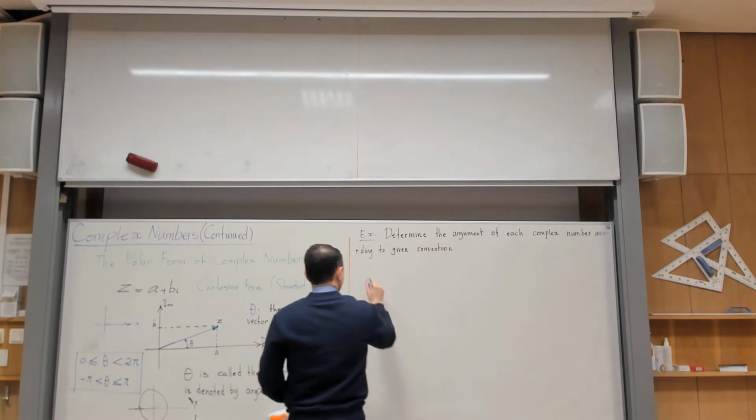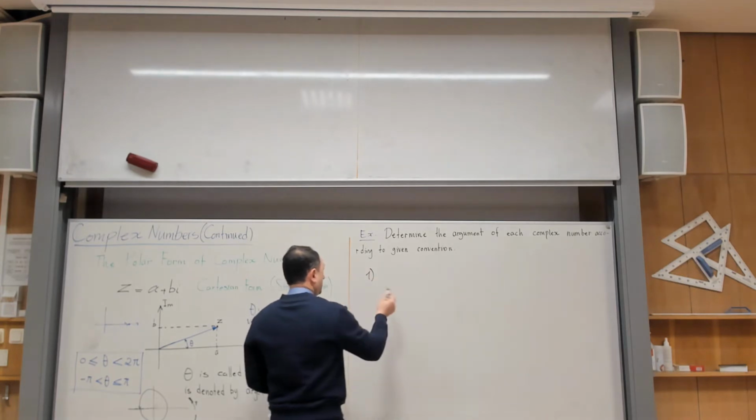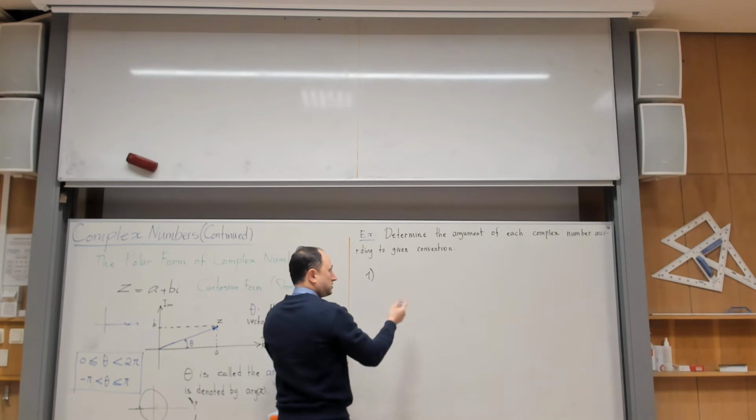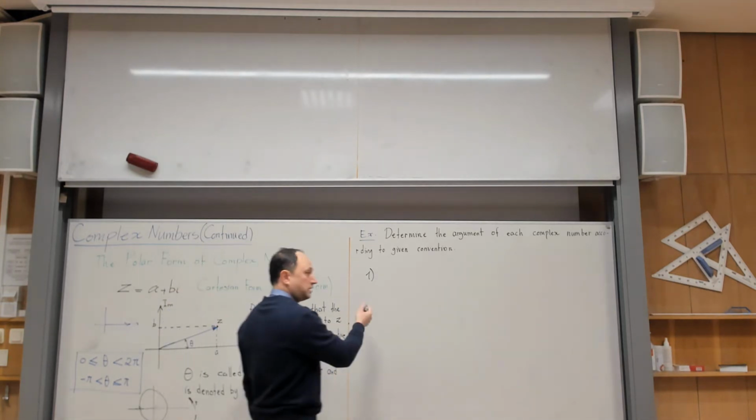Okay, so let us consider number one. Let me consider a lot of cases because I want to make sure that you understand this. That's important. It's simple but important.